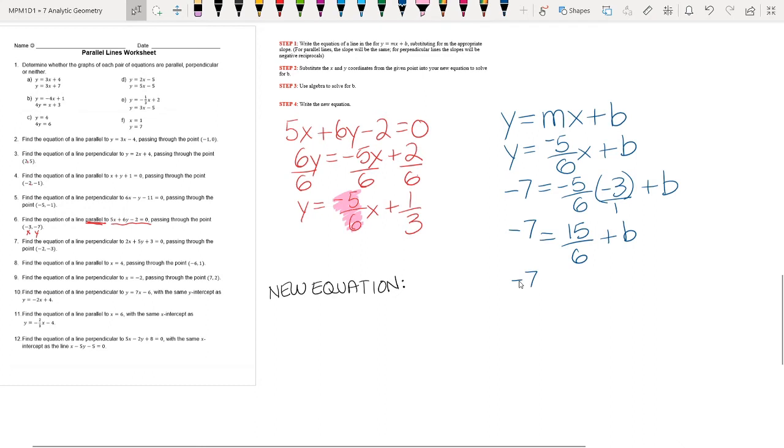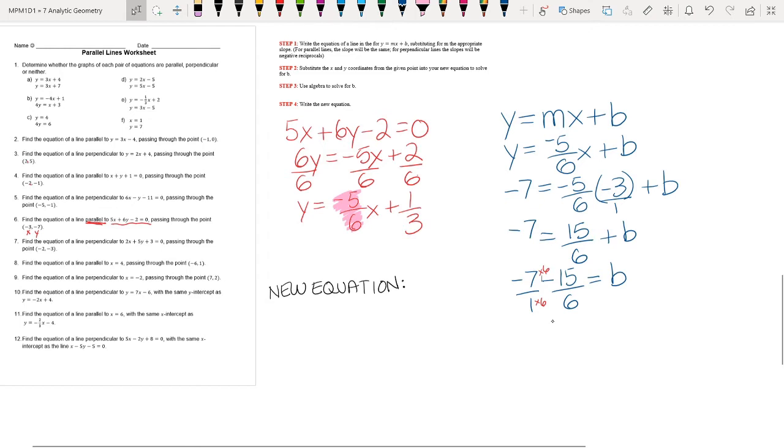from both sides, and I get negative 7 minus 15 over 6 equals 2b. And in order to do subtraction, if you recall, we have to have denominators which are the same. So I have to convert this fraction into a fraction which has the same denominator as 6.